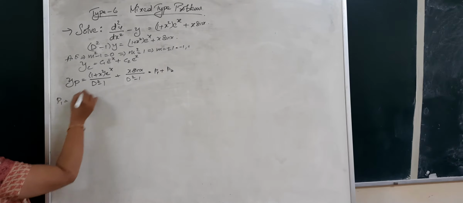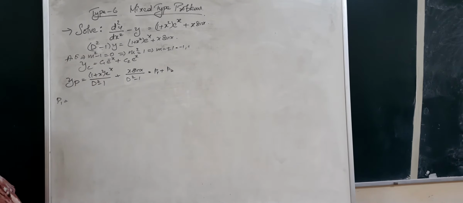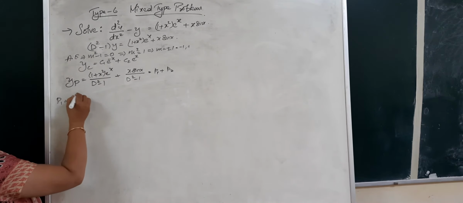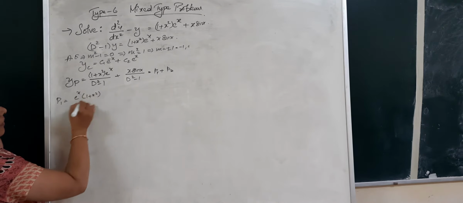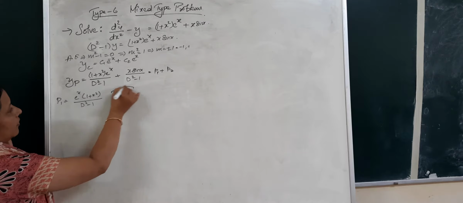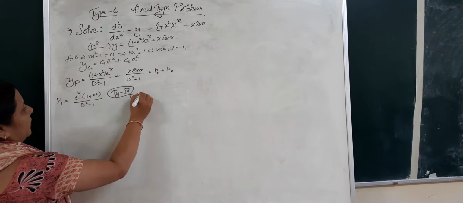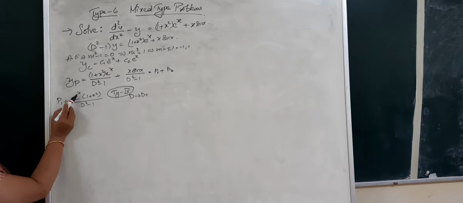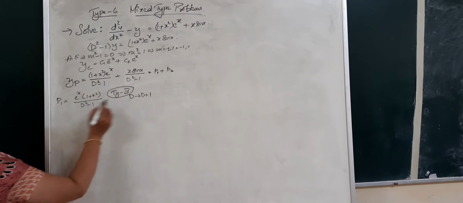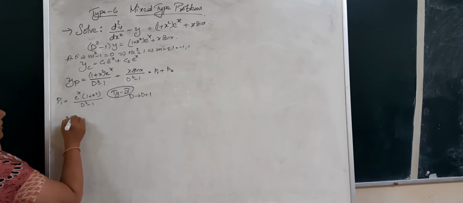Solving p1 first, I will rearrange it while writing here, because whenever you have a product of a term with an exponential term, it is type 4, where the exponential term is supposed to be the first term, divided by d square minus 1. In type 4, d is replaced by d plus a, where a is the coefficient of x in the exponential, which here is 1.